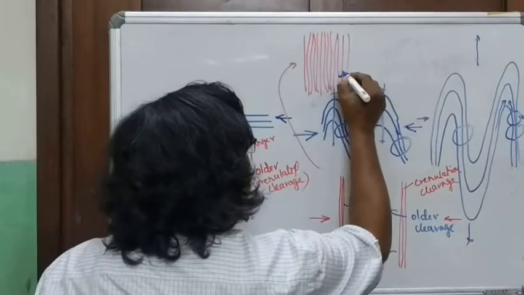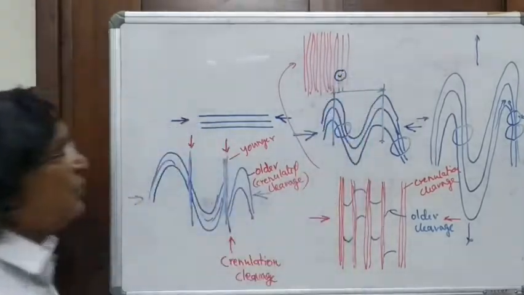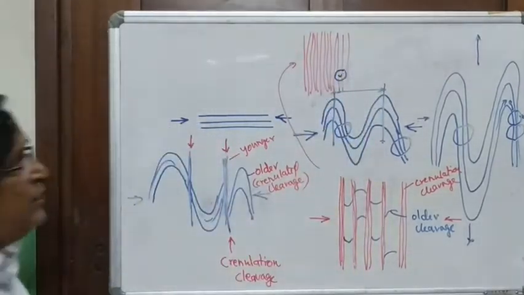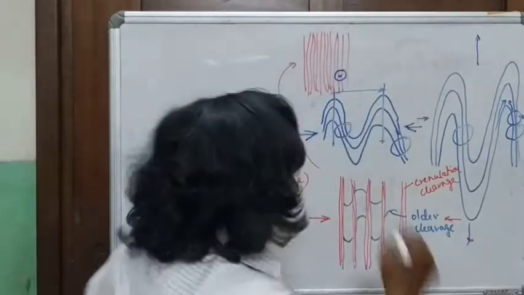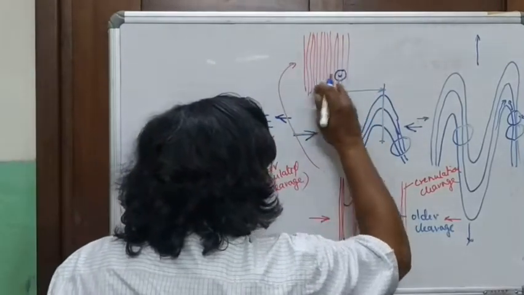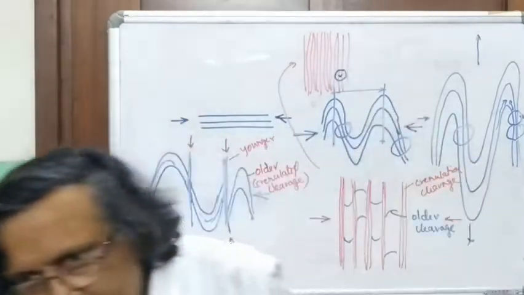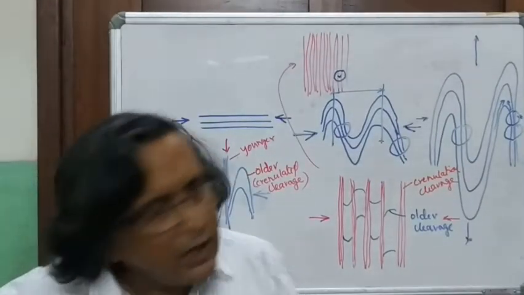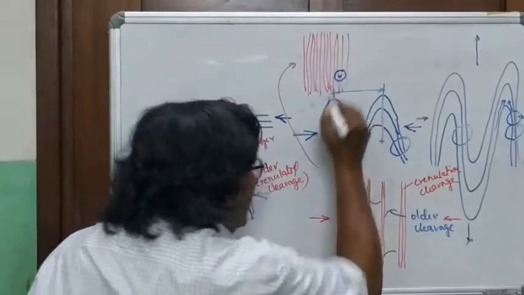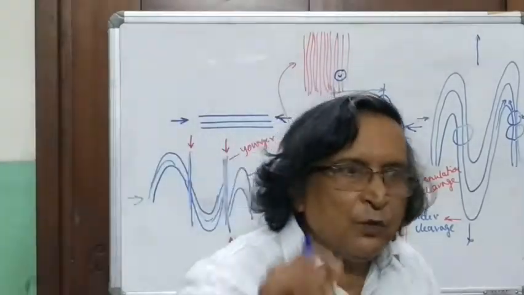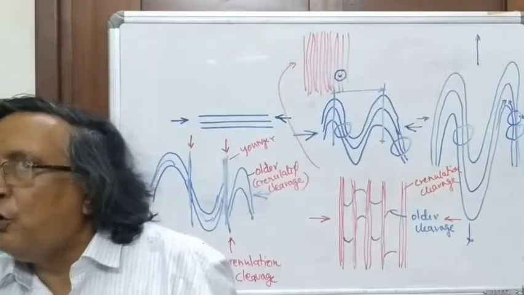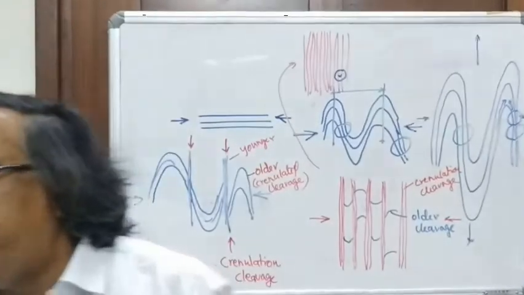You will see this in the rock, and you will not even know whether there was a foliation before. But this will tell you there was a fabric before.